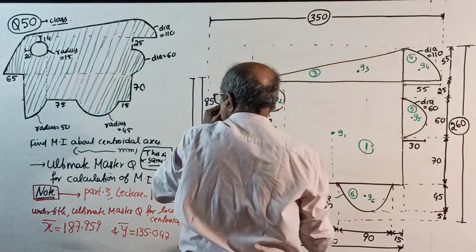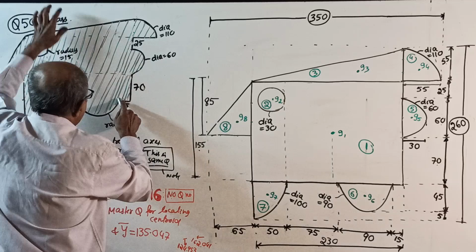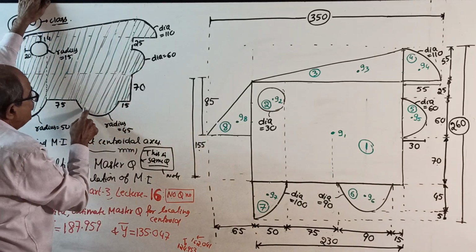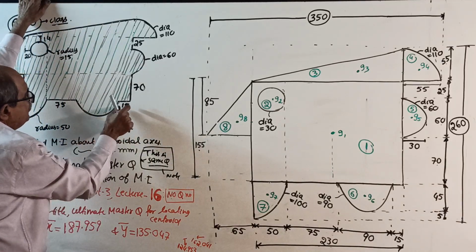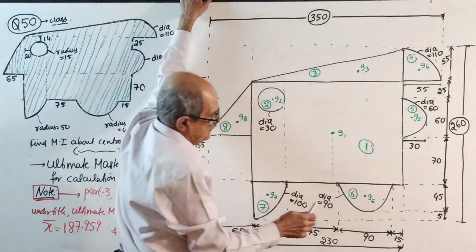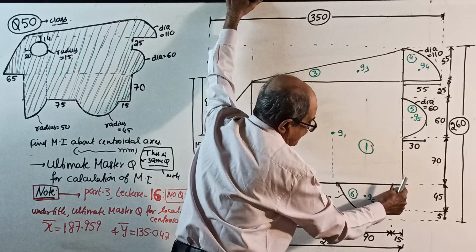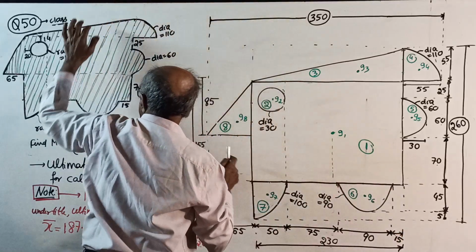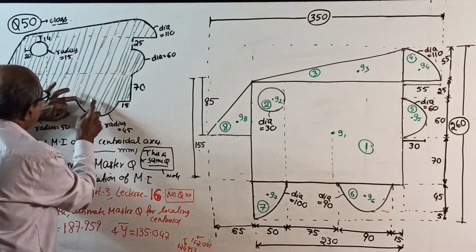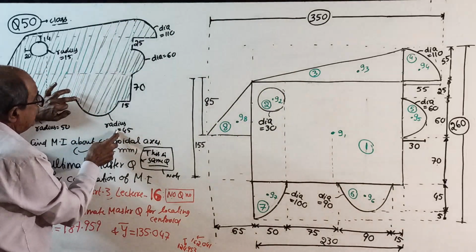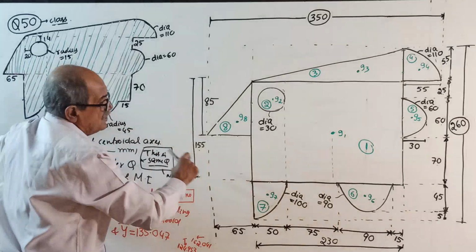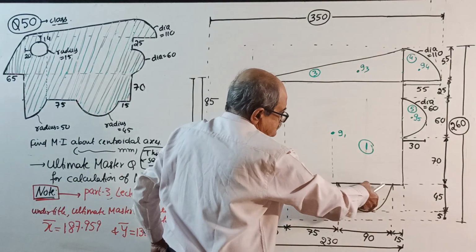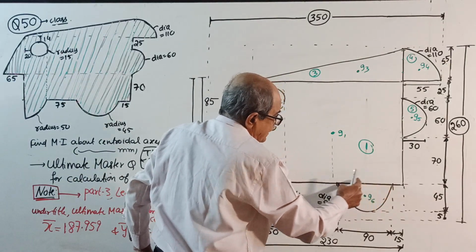Now there is a semicircle here, this way. This gap is 15, a small gap. Then the radius given is 45. Be careful, radius given is 45, so the diameter is 90.